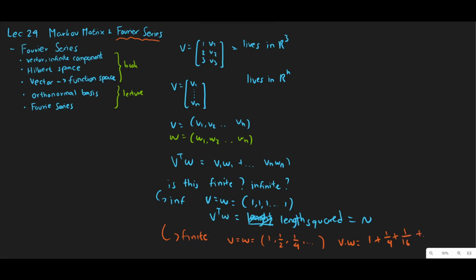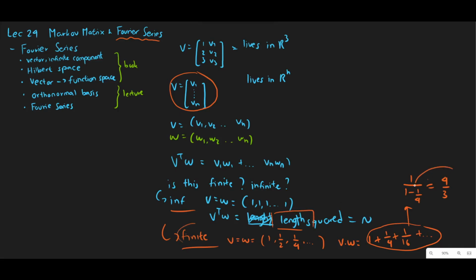This kind of series can be defined by this formula, 1 over 1 subtracted by a quarter, which is 4 over 3. So what I want to say here is that there are 2 cases: those infinite vectors can have infinite length, or they can have finite length, like in this case.